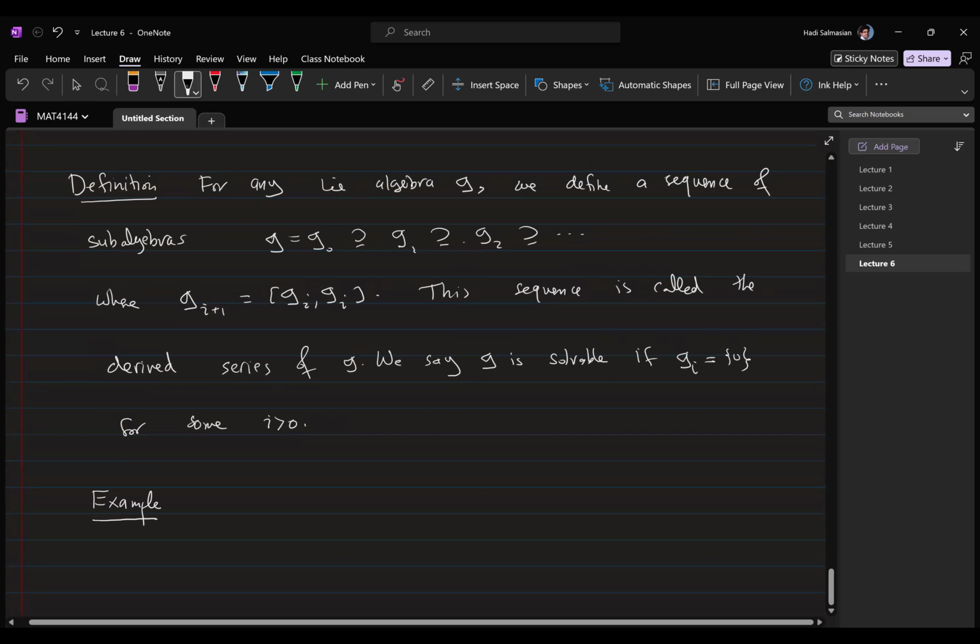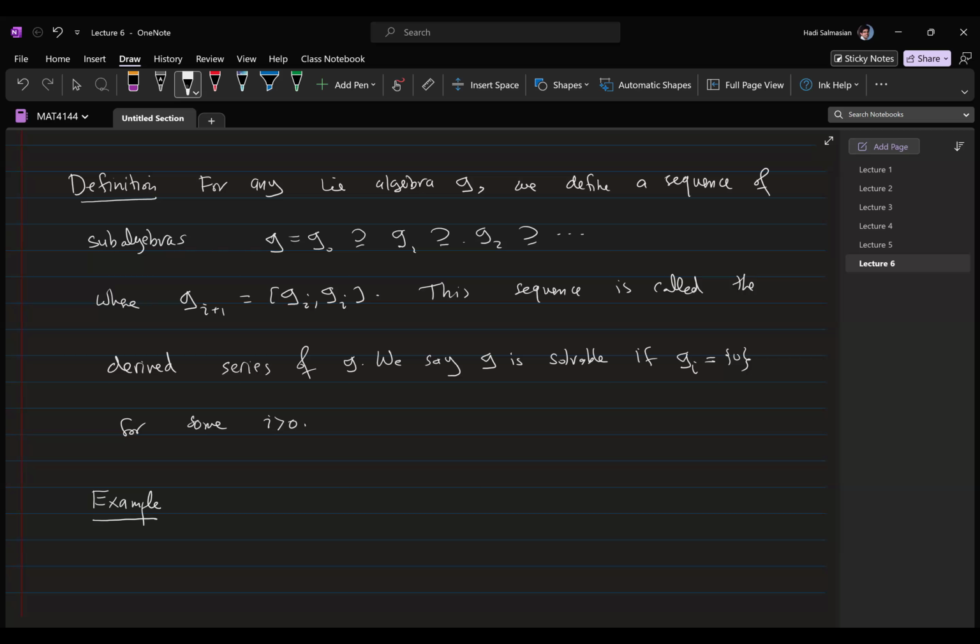Whenever we have an exotic definition, it's good to think about examples of that definition. So can you give an example of a Lie algebra which is solvable, other than the trivial Lie algebra? Well, maybe a one-dimensional algebra because they're abelian. Okay, but maybe a more non-trivial example?